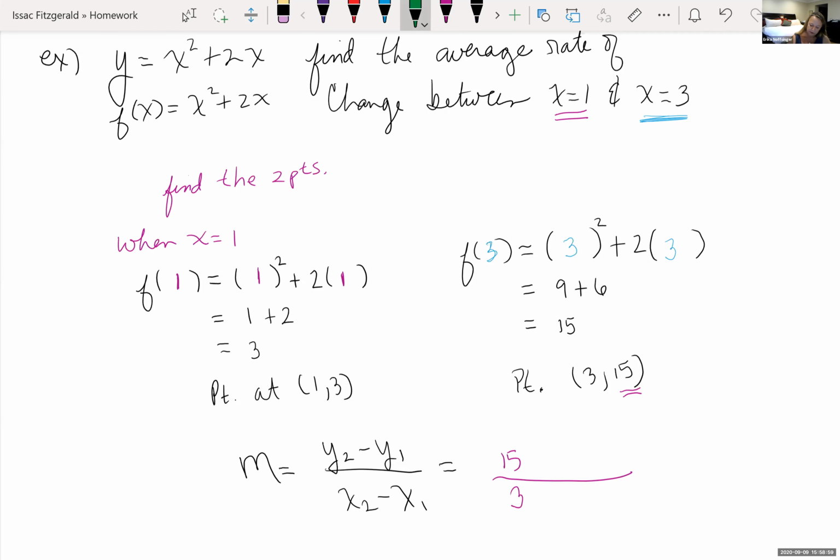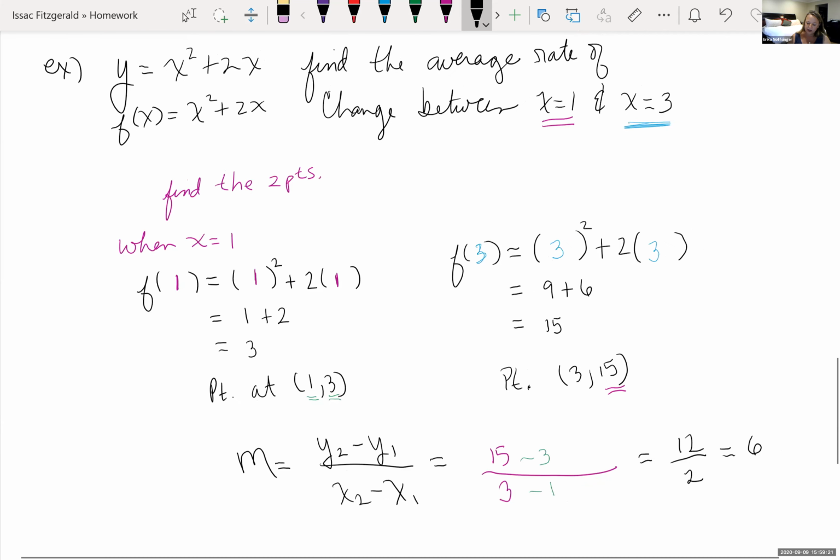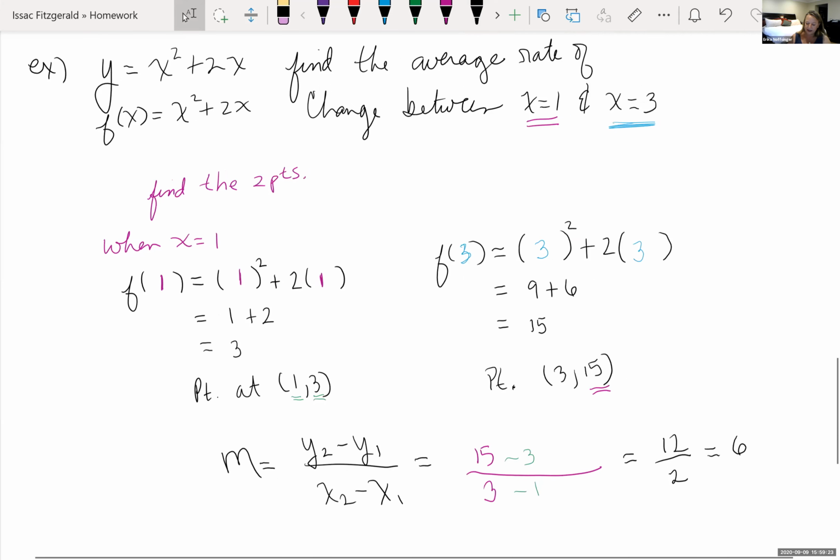So 15 minus 3 all over 3 minus 1. 15 minus 3 is 12, all over 3 minus 1, which is 2, which simplifies to give us 6. So the average rate of change between x equals 1 and x equals 3 is 6.